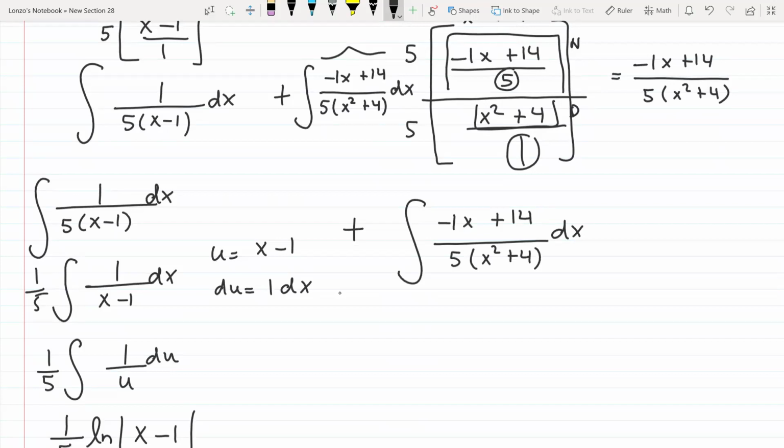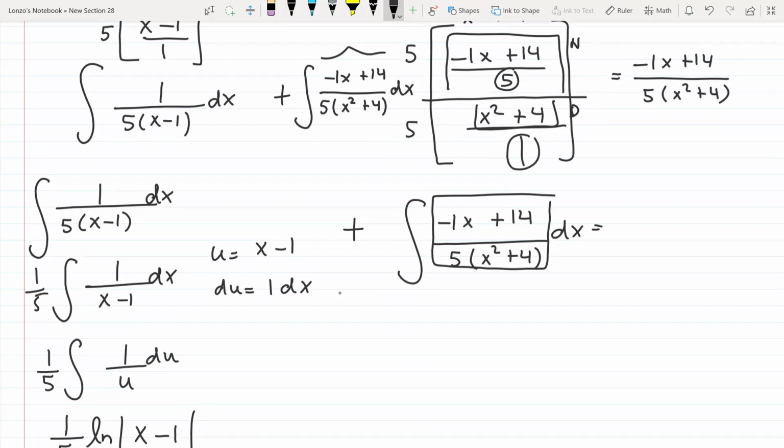What could I do? What I would do, this one is a little bit tricky. I could break it into two different integrations or two different fractions, right? So that's what I'm going to do. This whole thing can be broken down into two different fractions.